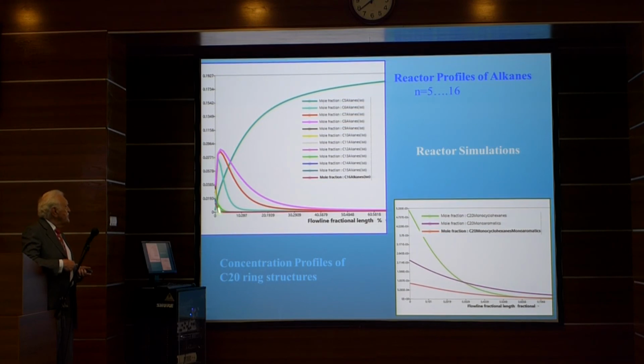This is the concentration, and this is the distance in the reactor, and what is shown here is just for C21, and how the various components vary through the reactor. And you can see here the green components, and the red ones that disappear through the reactor. And you can see, for instance, concentration profiles of C23 structures through the reactor.